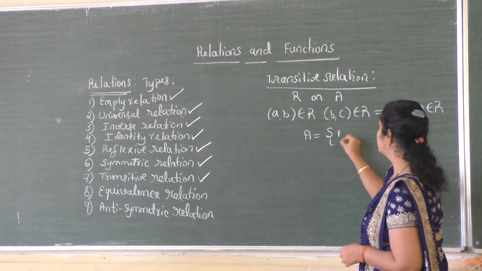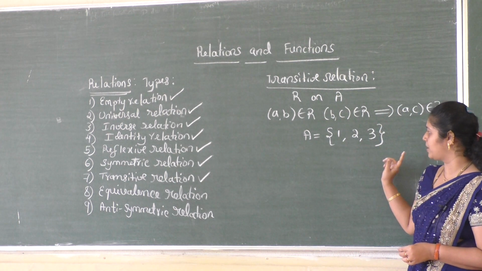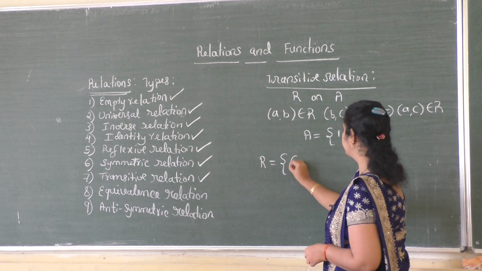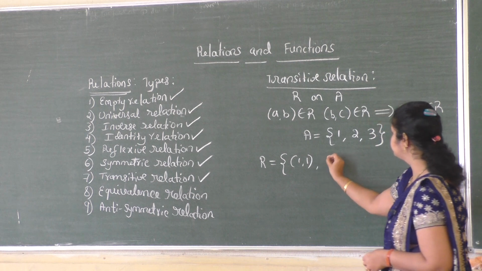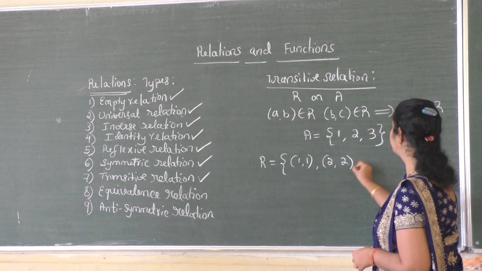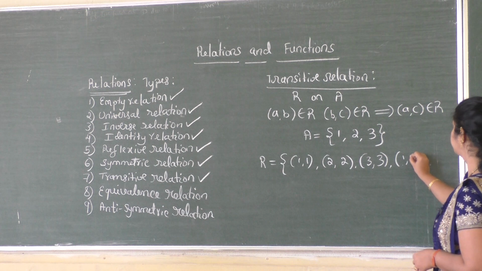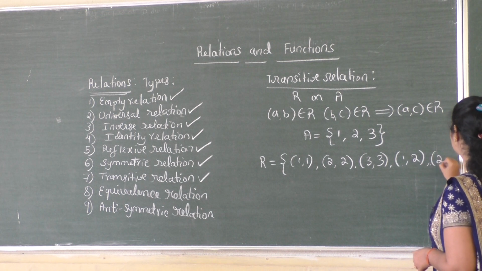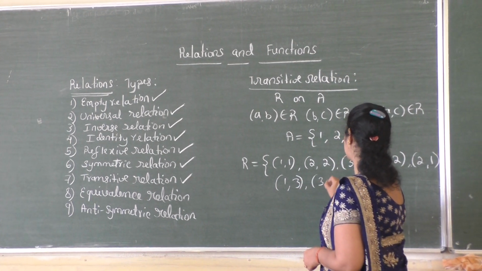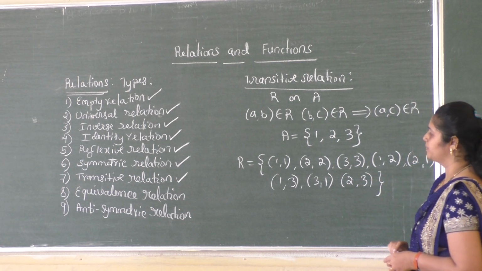So now take the set A as {1, 2, 3}. The relation R is defined as (1,1), (2,2), (3,3), (1,2), (2,1), (1,3), (3,1), (2,3).